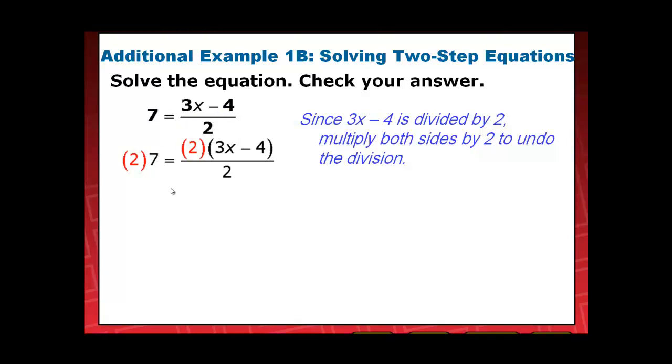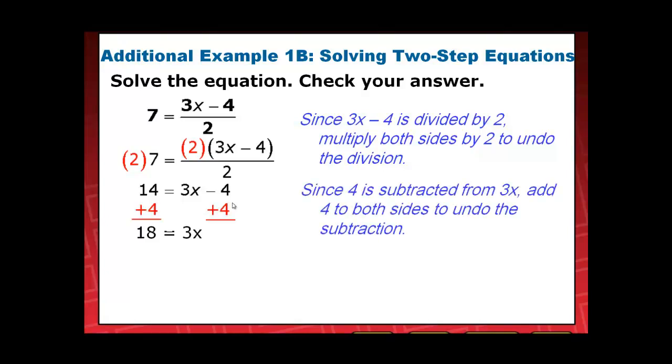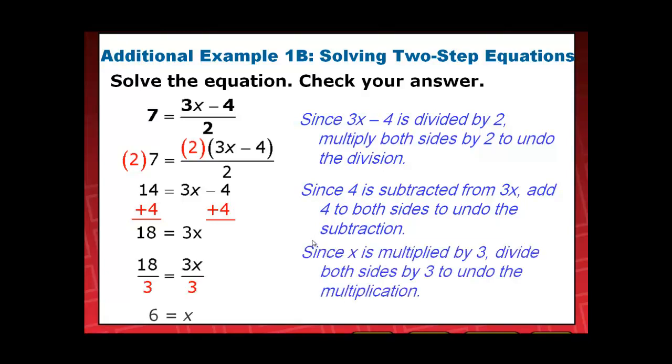Here I will remove 2 with 2, so remaining 3x minus 4. And here 2 multiplies 7 is 14. Take out 4. It's subtract, so we will add 4 on both sides. 18 equals 3x. Okay, what we will do with the 3 is multiply, so we will divide by 3.